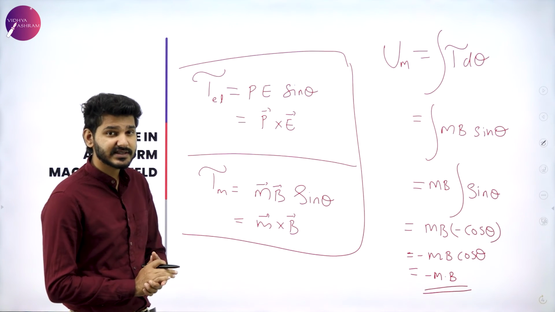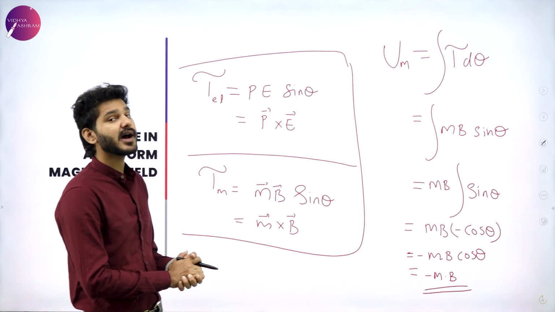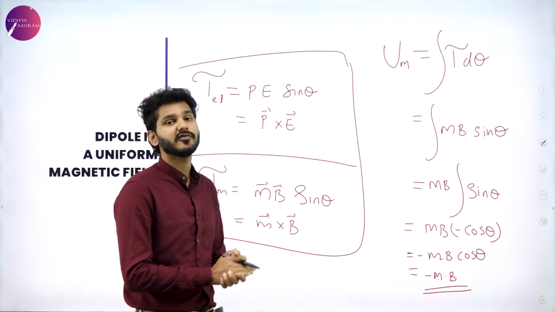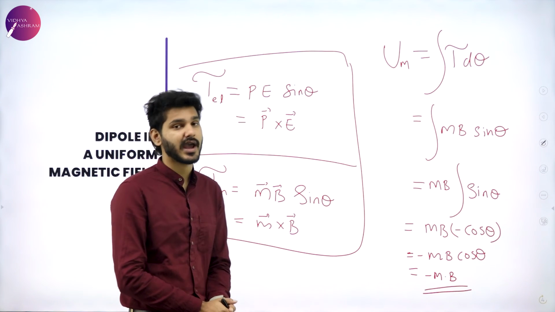So this is the potential energy experienced by a magnetic dipole kept in a uniform magnetic field at a particular angle.